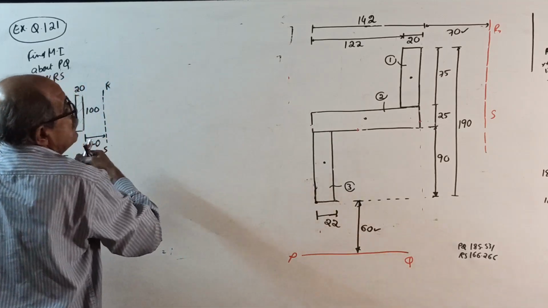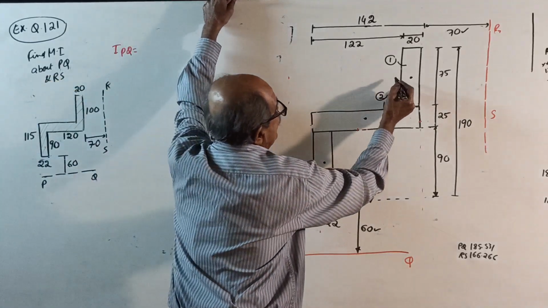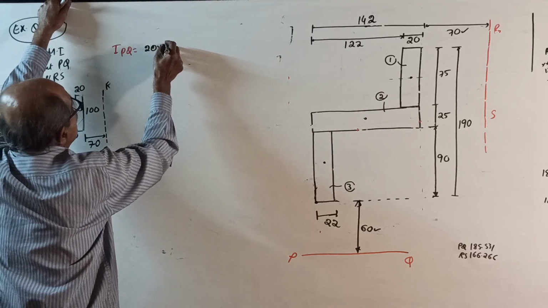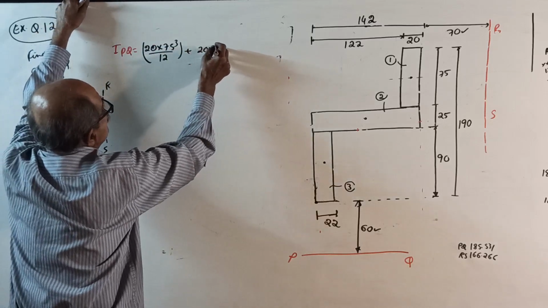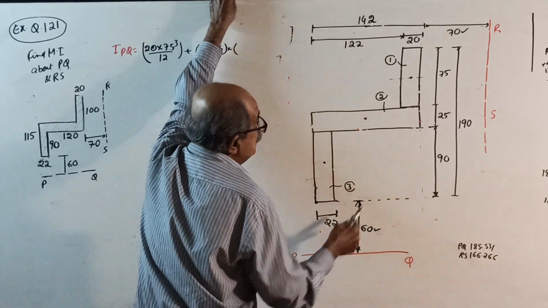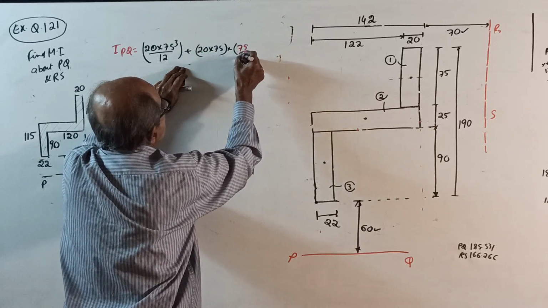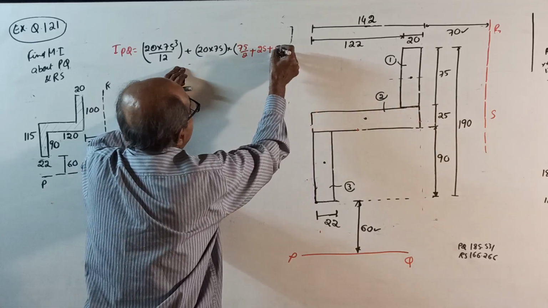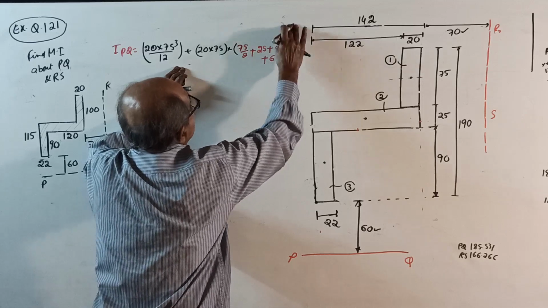Now, I about PQ. Use parallel axis theorem. First, IPQ, one by one. I about its own centroidal axis: 20 into 75 cube by 12, Ig, plus area 20 into 75, into the distance from centroid to PQ squared, which is 75 by 2 plus 25 plus 90 plus another 60, whole square.